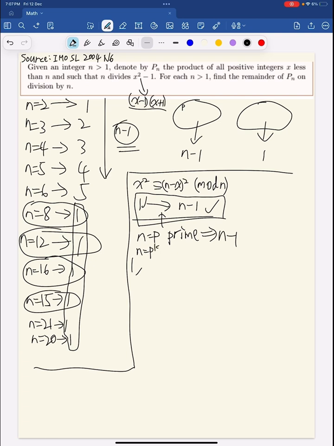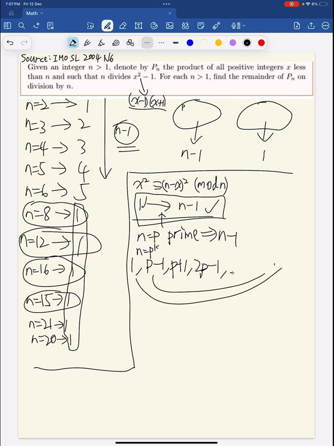So we're looking at 1, p minus 1, p plus 1, 2p minus 1, etc. What this gives you is that the pairing is still there.